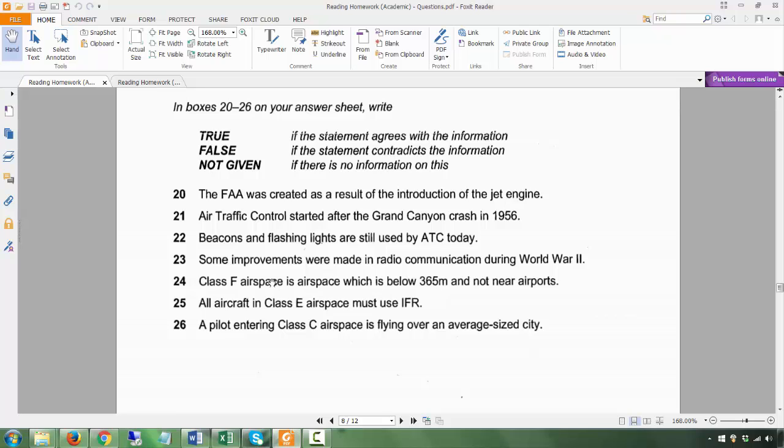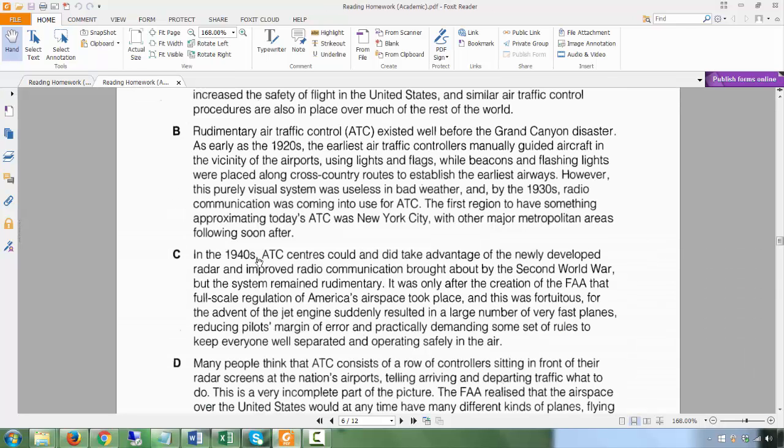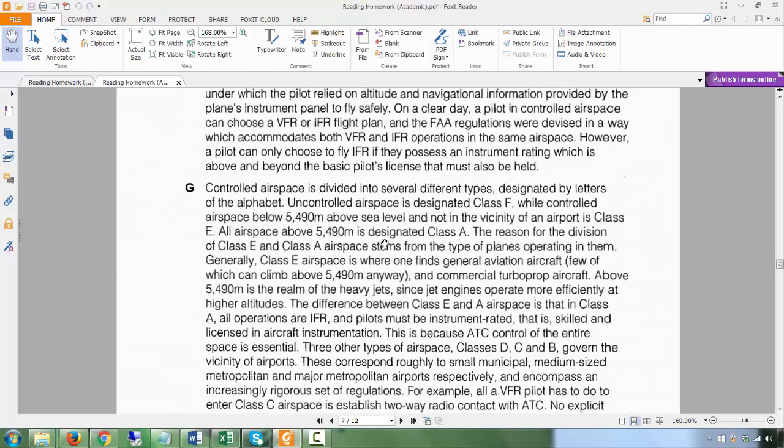Class F airspace is airspace which is below 365 meters, not near an airport. Is that true? Firstly, let's go to G, where it talks about Class F airspace: uncontrolled airspace.